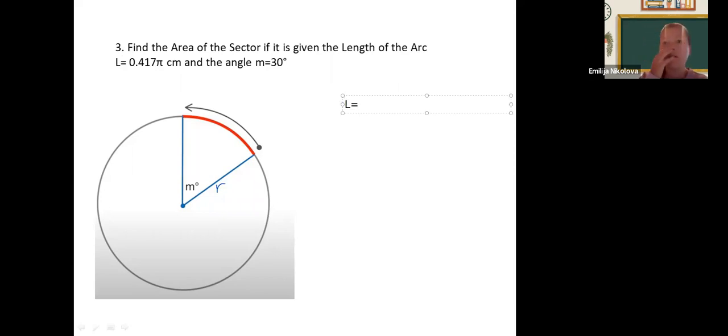So the formula for the length of the arc was 2 times r times pi times the fraction of the angle divided by 360. Now I can put inside what is given for me. It's given L, so instead of L, I will put 0.417 pi.